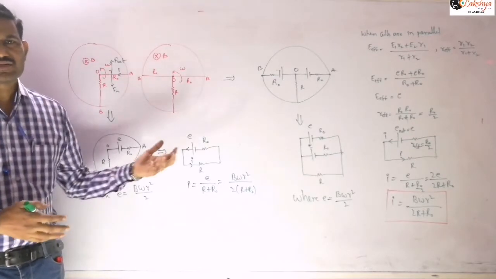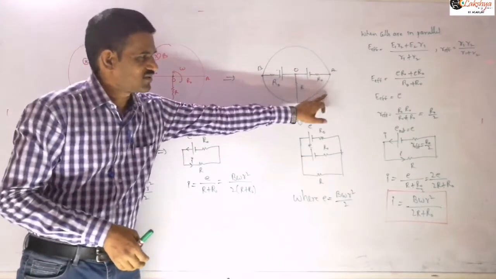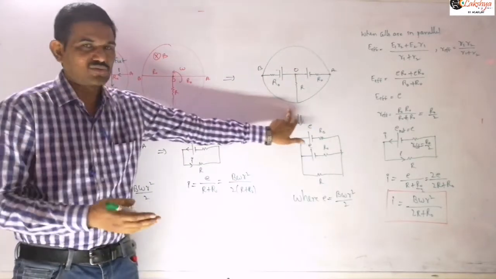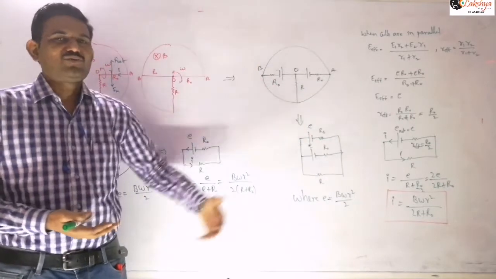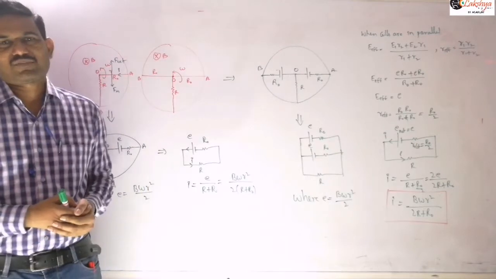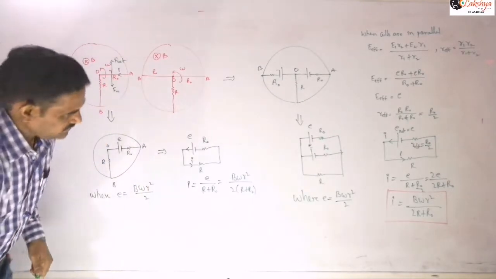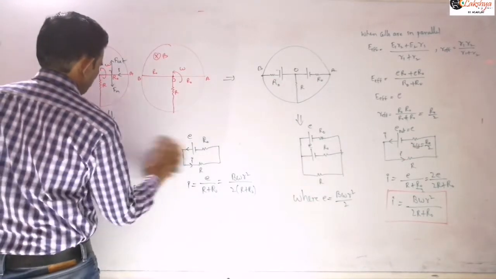Like if it has some resistance here and here and here, then the circuit will become complicated. That means you can't easily identify the series and parallel combinations in some cases, and then you need to apply Kirchhoff's laws there, right?